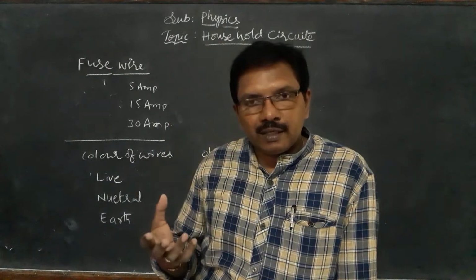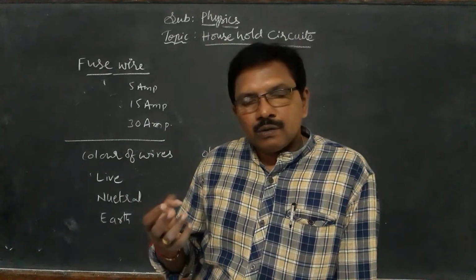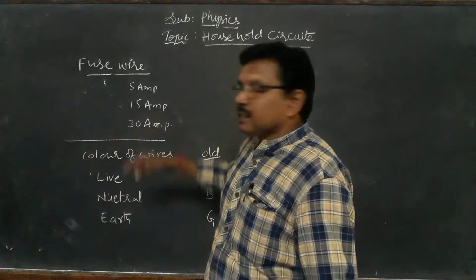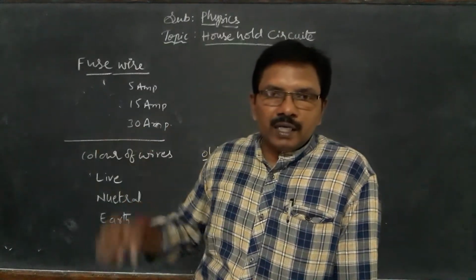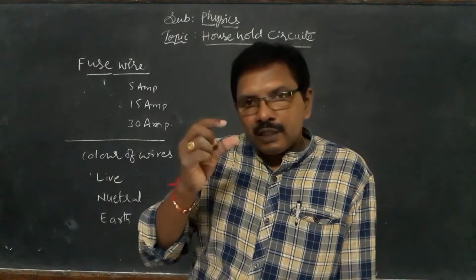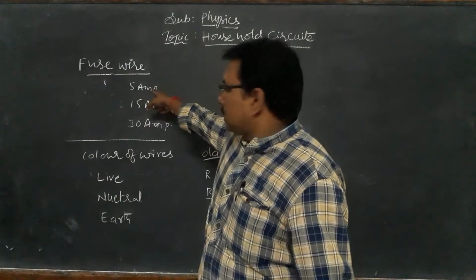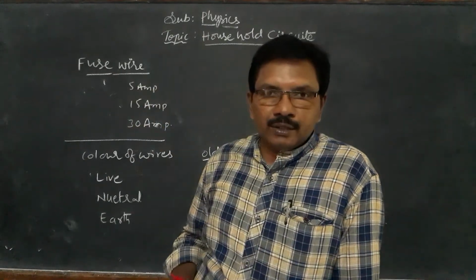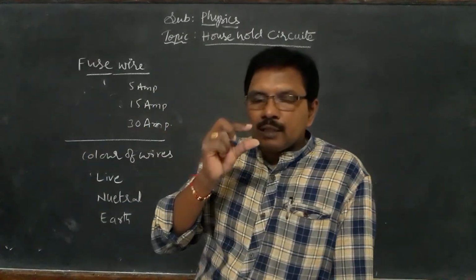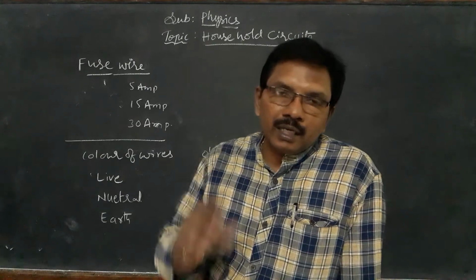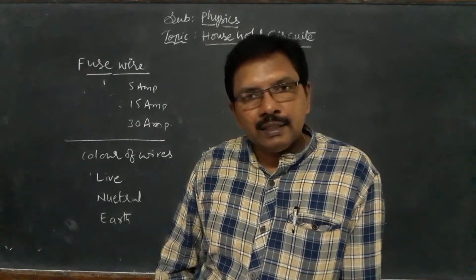They use excess current, so 15 amperes of current flow is required. So the thickness of the fuse wire should be a little more than the initial 5 amperes. The metal is the same, lead and tin.